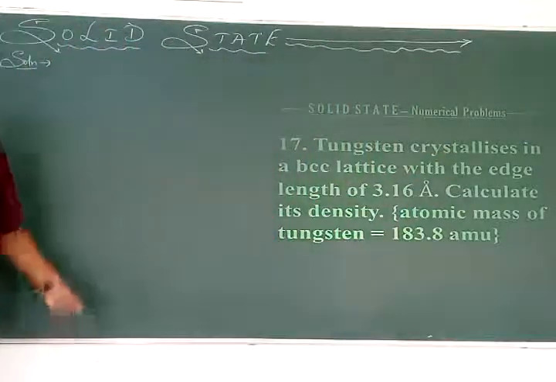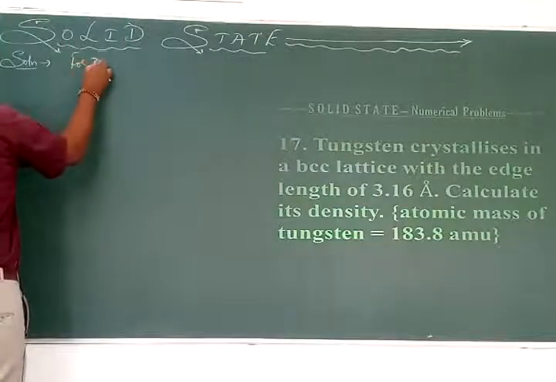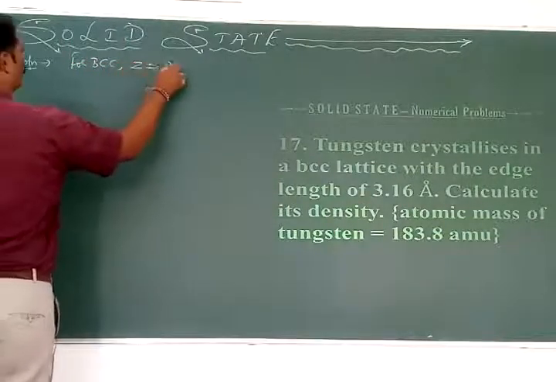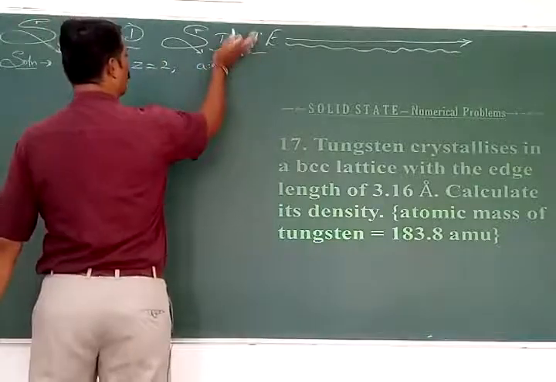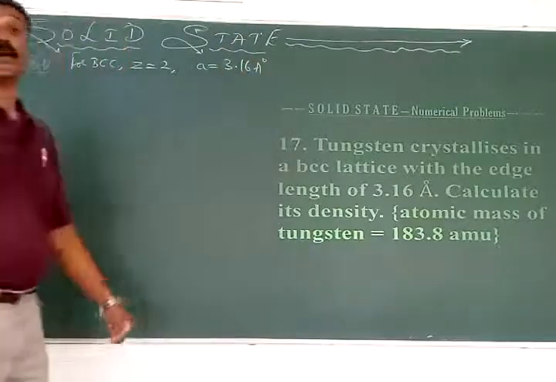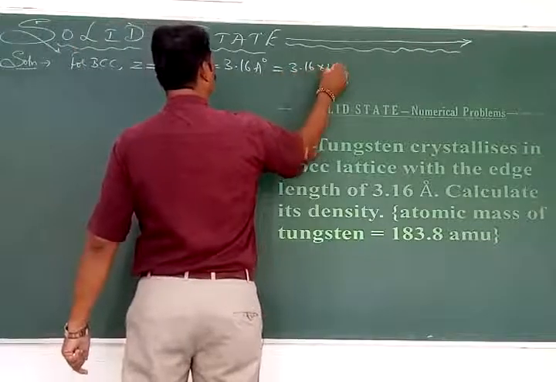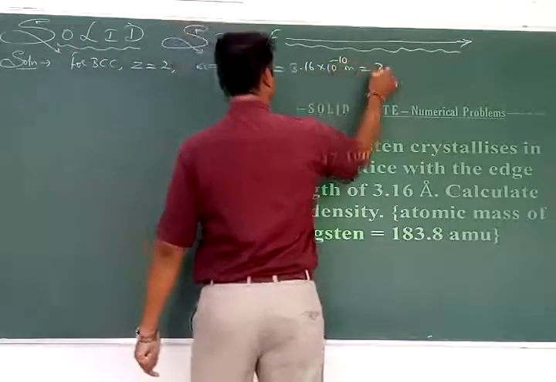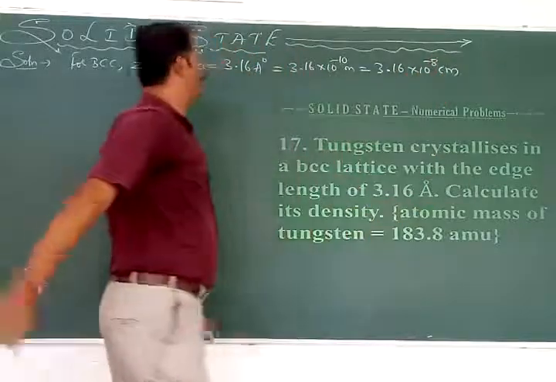So what has been given? For BCC, can I say that Z is 2? Z is 2. Edge length is 3.16 angstrom. What is an angstrom? 10 to the power of minus 10 meter. So 3.16 into 10 to the power of minus 10 meter, which is also equal to 3.16 into 10 to the power of minus 8 centimeter. Therefore, what is A cube?